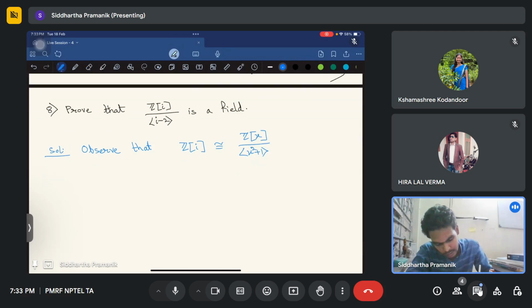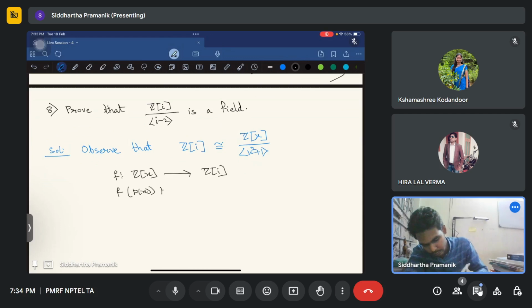So how is this isomorphic? You take a map from Z[x] to Z[i], and you send p(x) to p(i). Then you look at the kernel. The kernel will be the ideal generated by x squared plus 1. Then by the first isomorphism theorem, you will get this isomorphism.